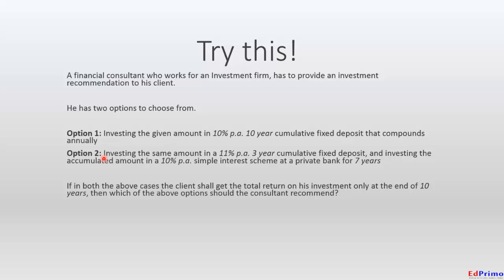Option 2, investing the same amount in an 11% per annum, 3-year cumulative fixed deposit, and investing the accumulated amount in a 10% per annum simple interest scheme at a private bank for 7 years. If in both the above cases the client shall get the total return on his investment only at the end of 10 years, then which of the above options should the consultant recommend?